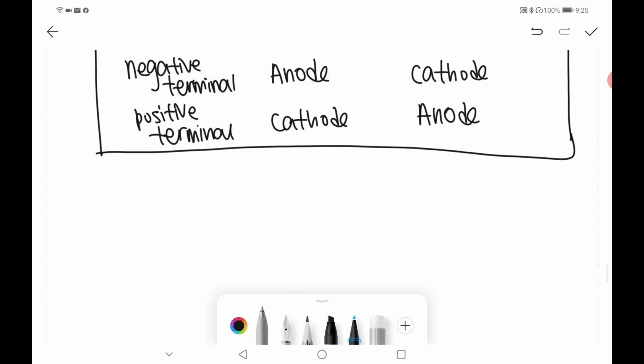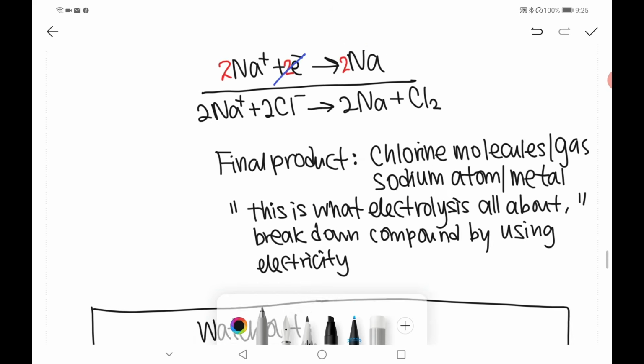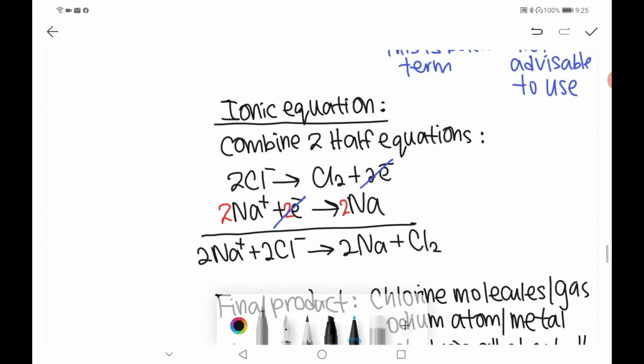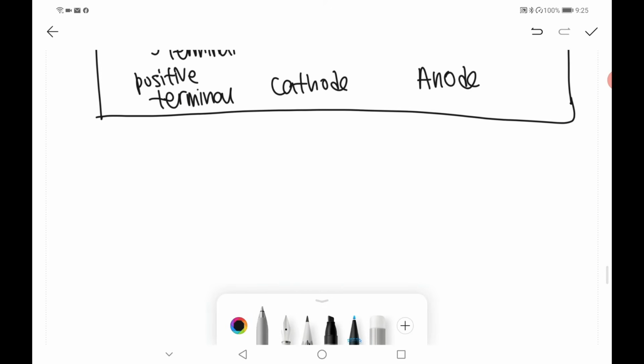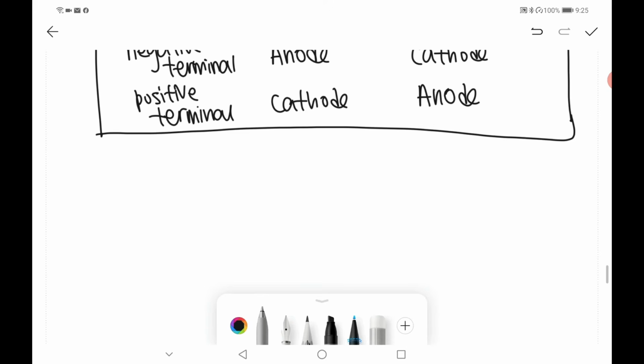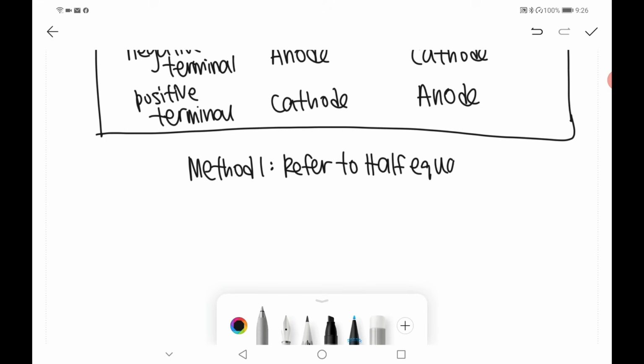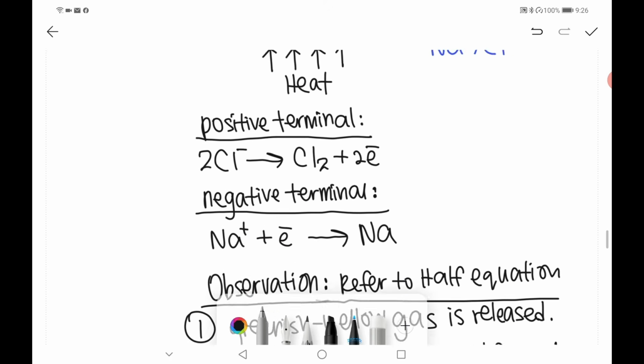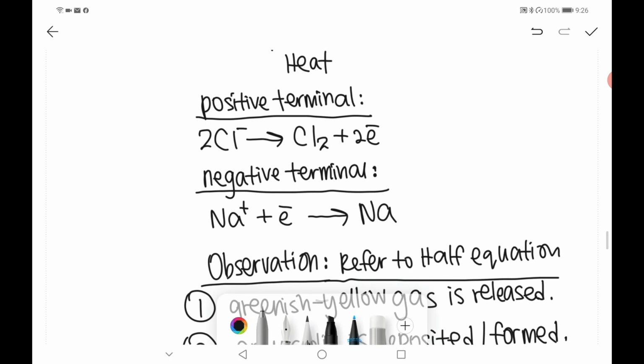The first method is we refer to the half equation. Now you can see just now on your positive terminal, let me copy this.